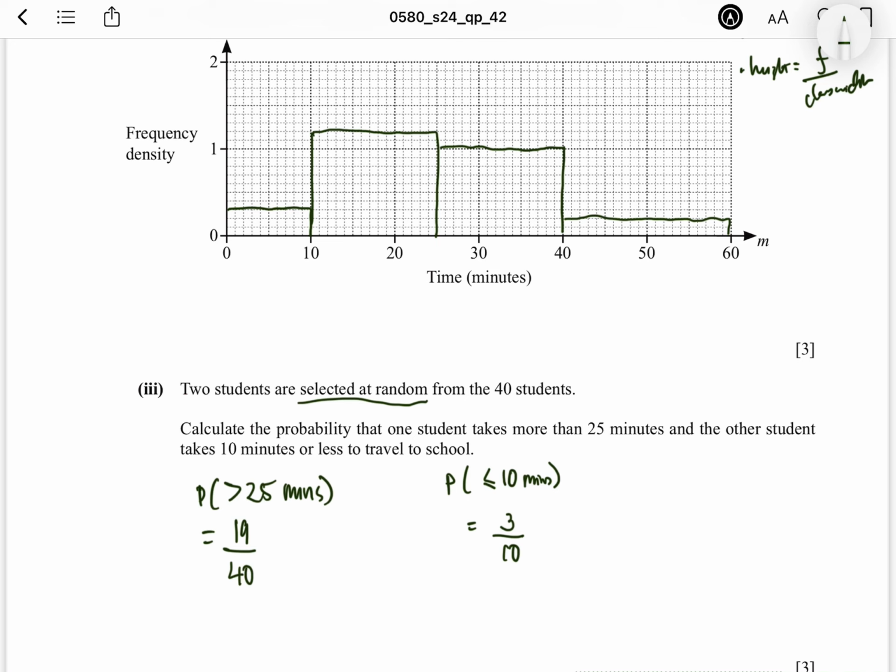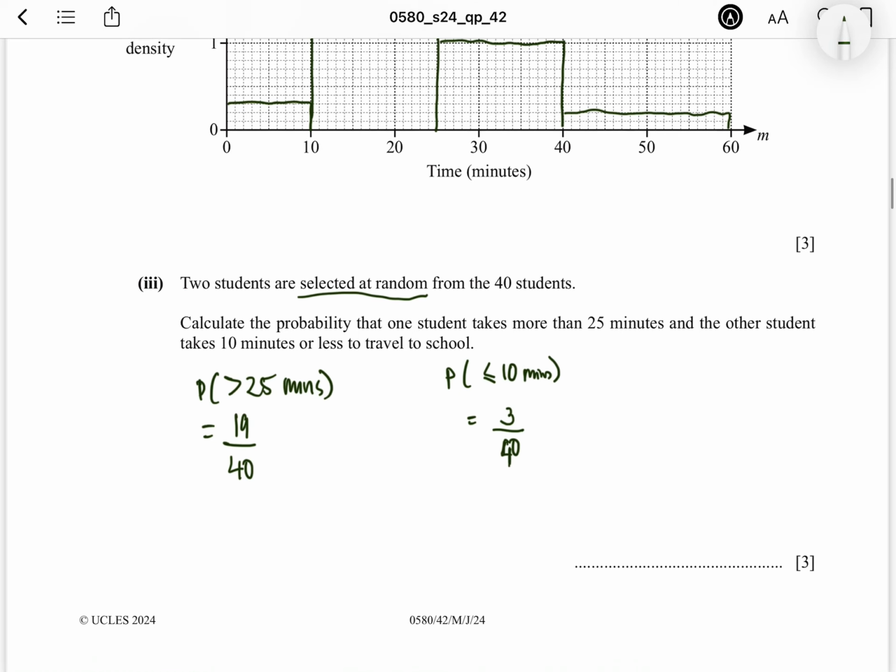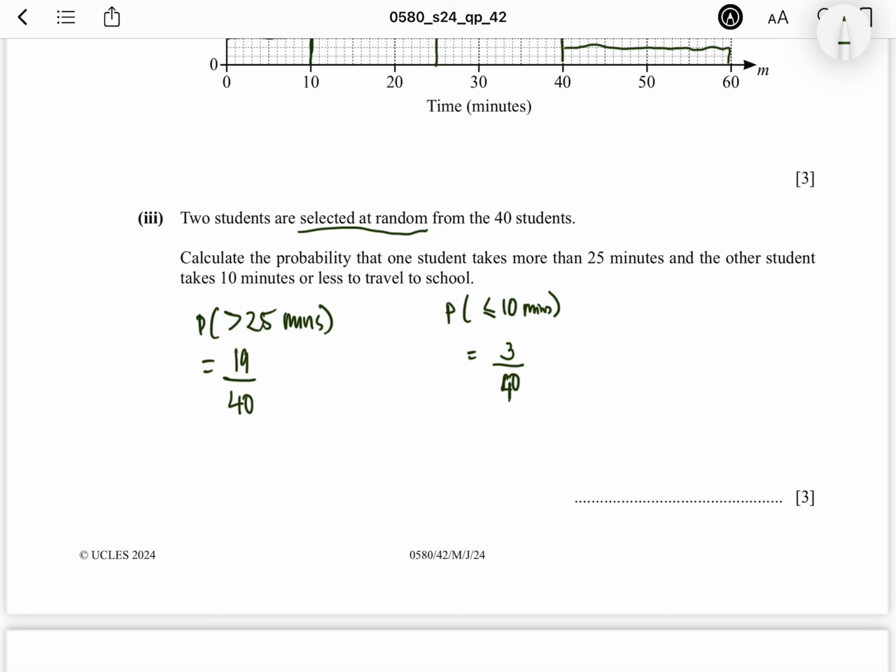Okay? So, first pick. Alright? So, probability. Lihat dulu. Dia ada dua pick. So, sekiranya the first student tu yang greater than 25, second student less than 10 minutes, which is 3 orang.